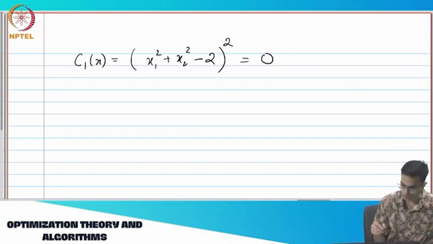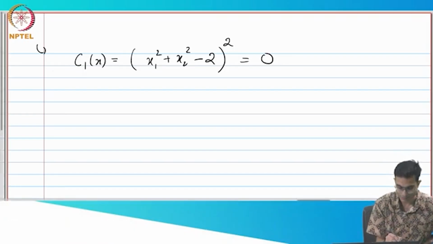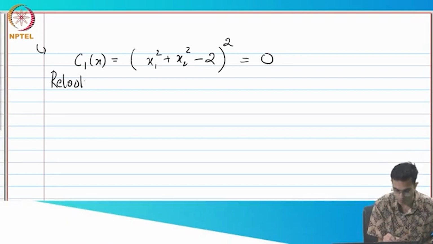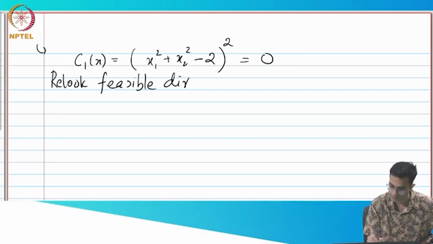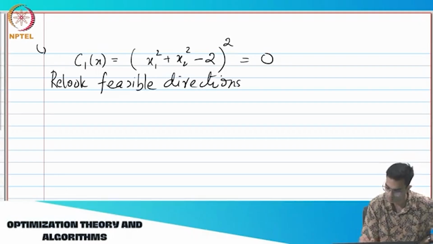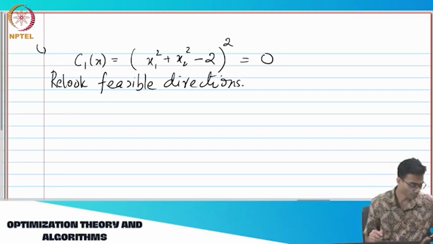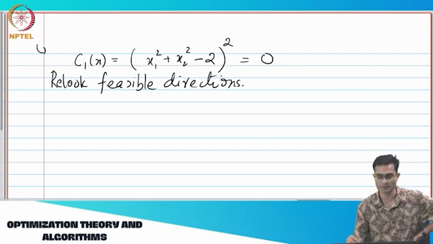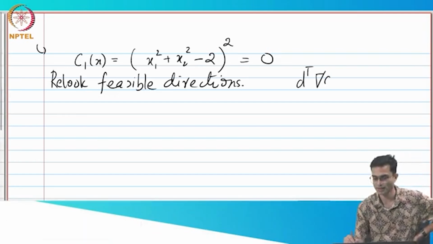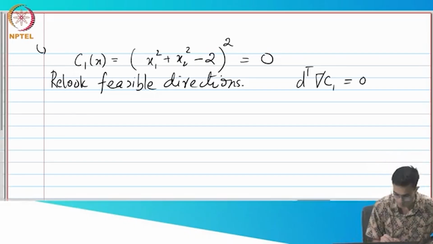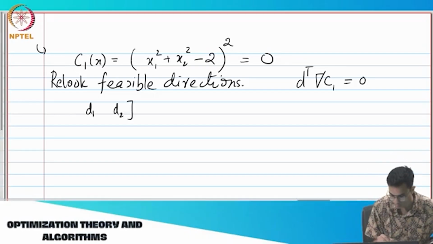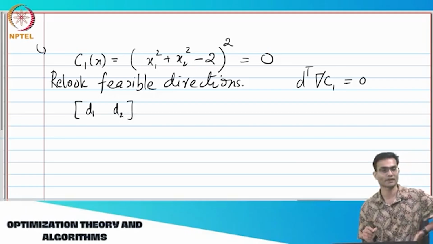Okay. So let's relook at feasible directions. What did I need for feasible directions? d transpose grad C1 equal to 0. This is what I am looking for. So d1, d2, this is my d vector.